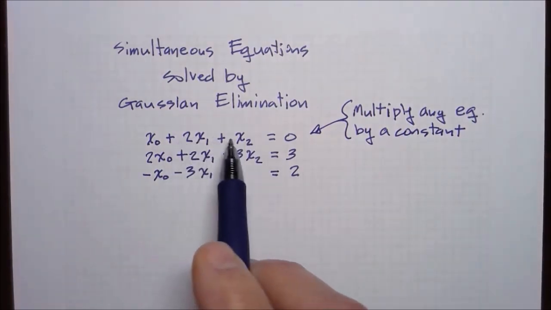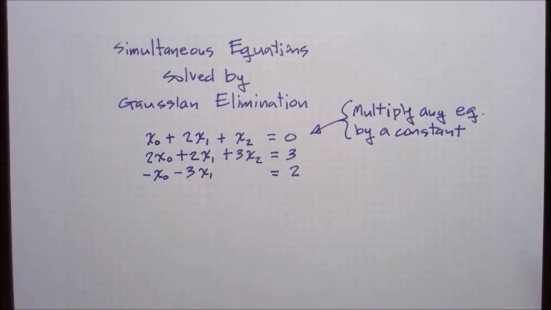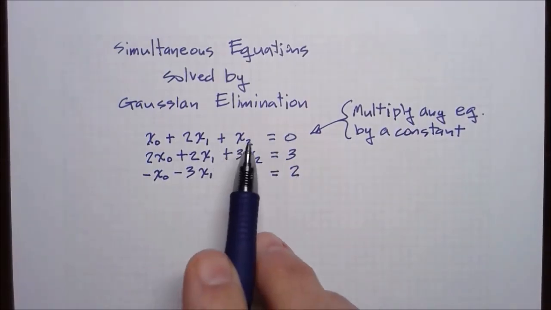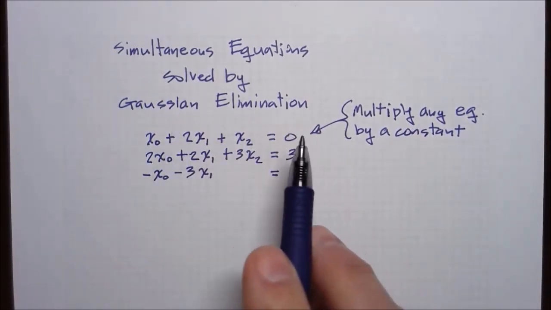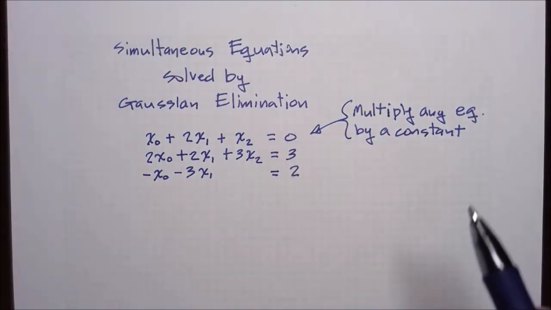So if we multiply both sides of any of these equations by a constant, we haven't changed the set of equations. And the second thing we can do is add equivalent things to each side of the equation, and that won't change the set of equations either.